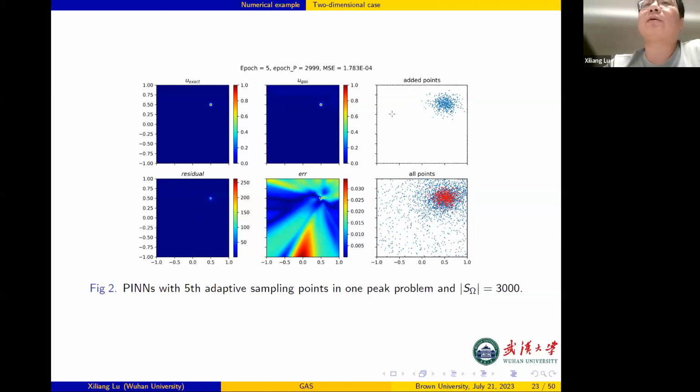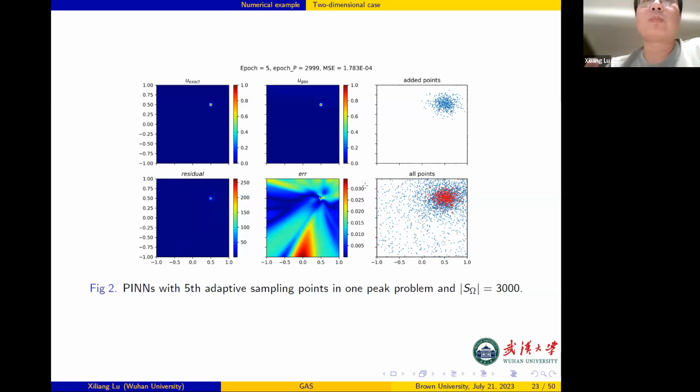We can find that most points are concentrated on these singularities. After 9 iterations, the total number of samples is 5,000. It's very concentrated, and the error is already very small. The maximum error is 0.01.